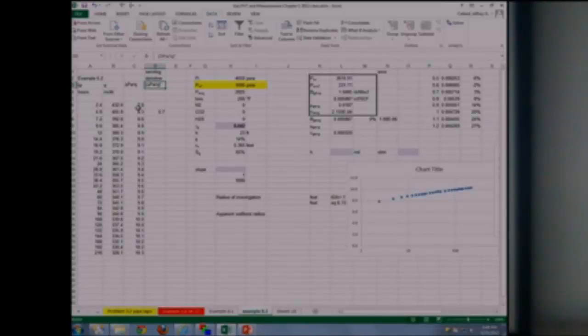That is ln of what? I mean, the natural log of what? dy d log of x. Okay, the time. Okay.